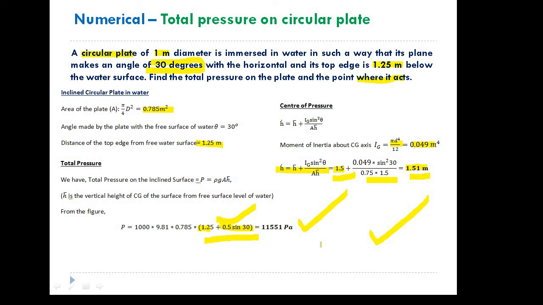The question may be either a plate held vertically, or a plate held inclined at a particular angle. In both cases you can apply the corresponding formula and find the total pressure and the point through which this total pressure is acting, that is the center of pressure. Thank you.